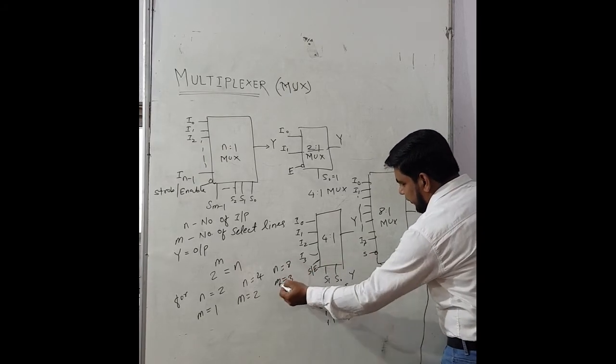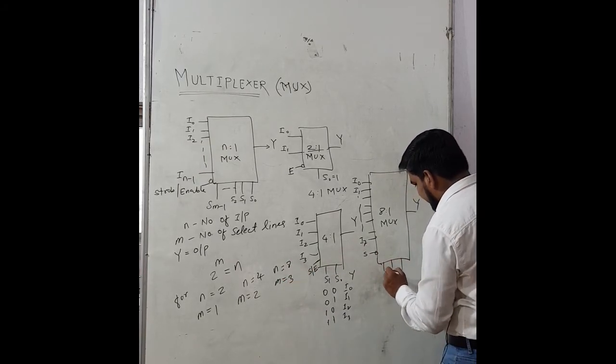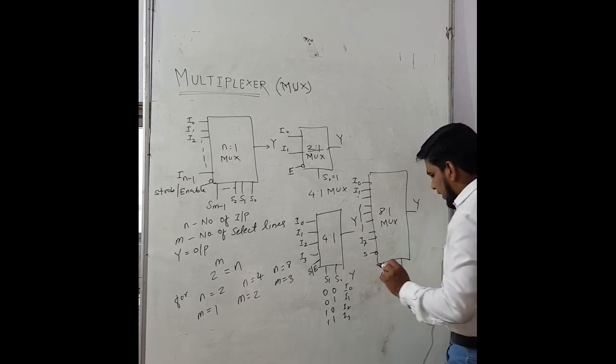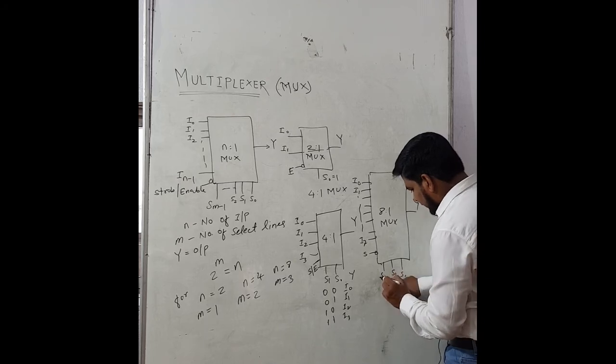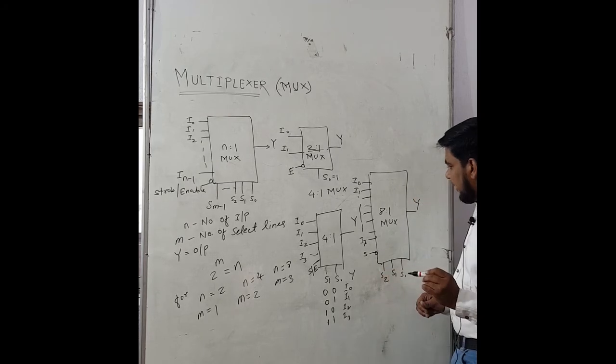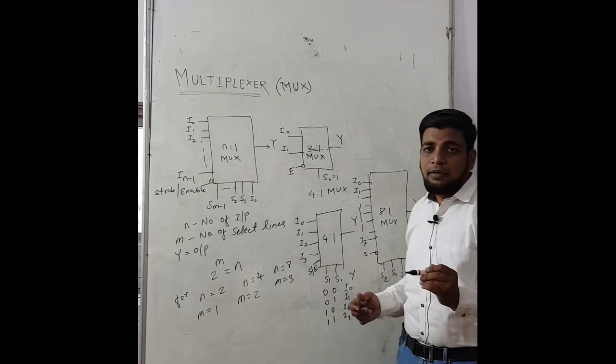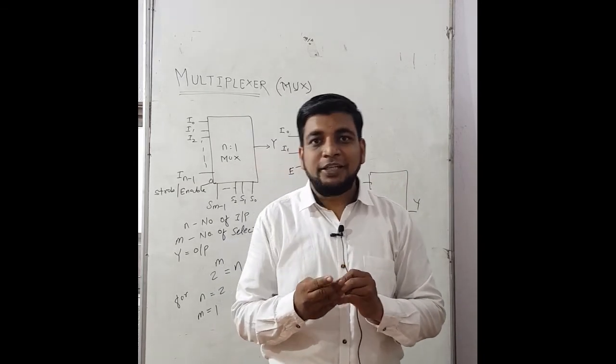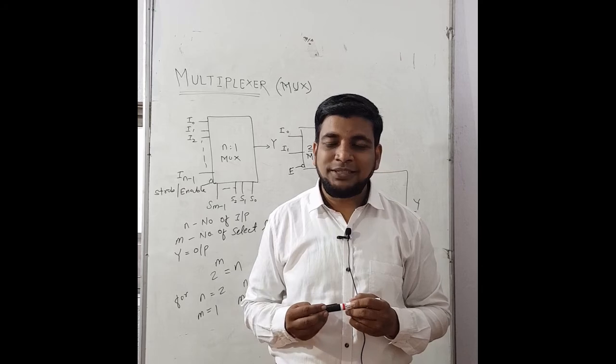For n equals 8, m equals 3: S0, S1 and S2. In this way, you can design 2:1 mux, 4:1 mux, 8:1 mux. For a 16:1 mux, how many inputs will there be?